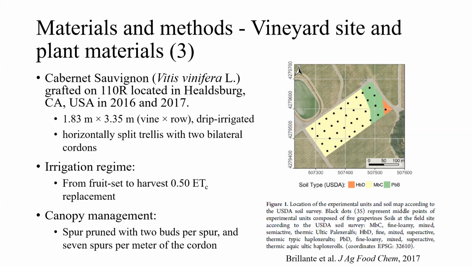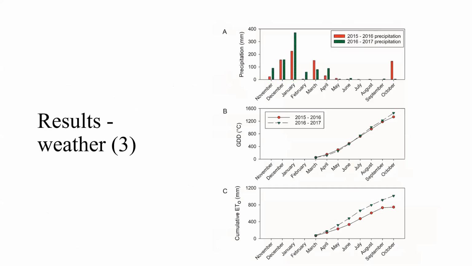We irrigated the vineyard at 50% of ETC from fruit set to harvest. And the canopy was spring pruned with 2 buds per spur and 7 buds per meter of the cordon. Again, the weather will be the first part of the results.